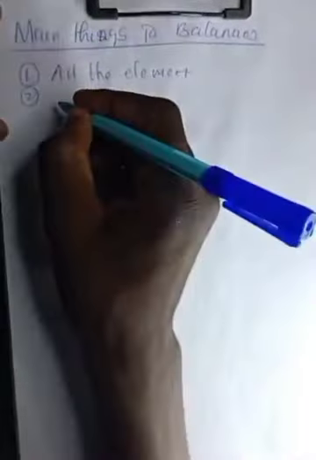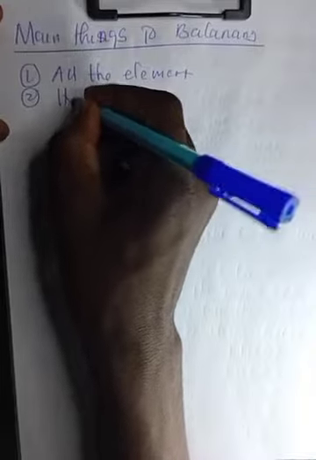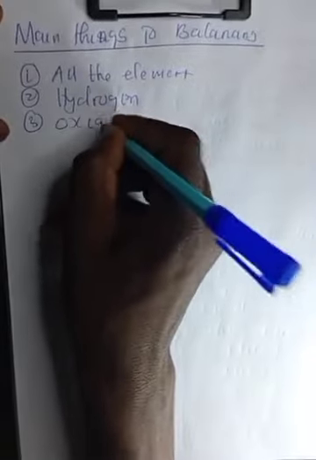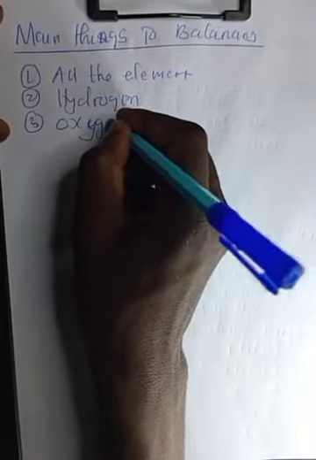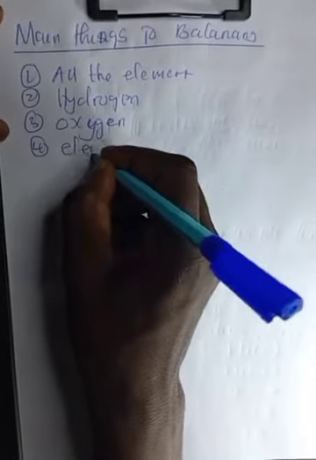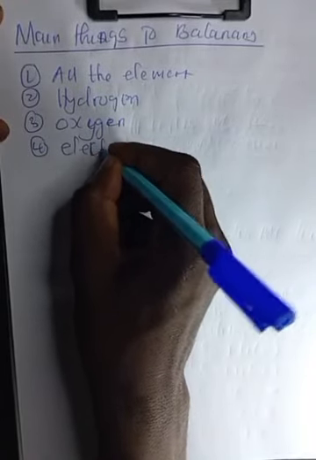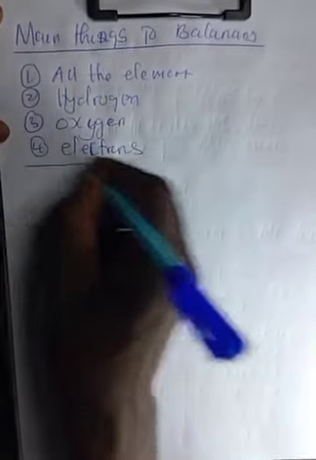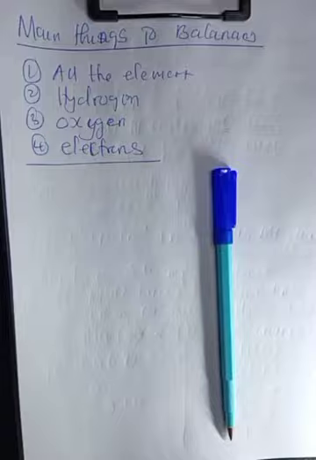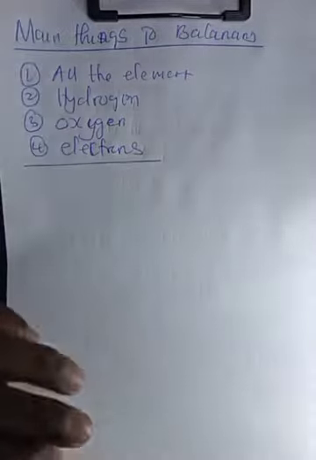We also need to balance hydrogen. We also need to balance oxygen, as we are going to see. Then number 4, we need to balance electrons. So these are the main things that you need to balance when you're dealing with this: all the elements, hydrogen, oxygen, and the electrons. But anyway, let's focus on the rules, which are very, very important.